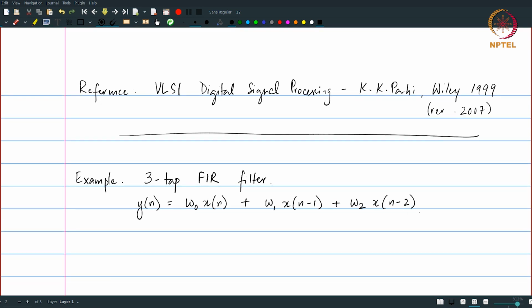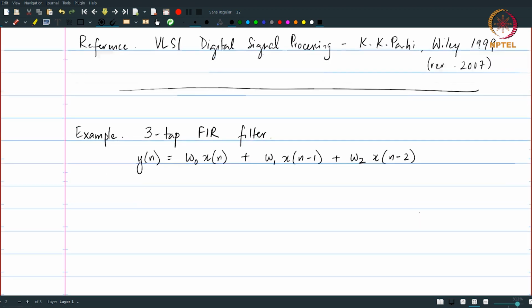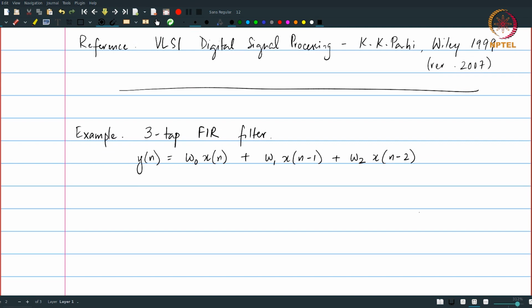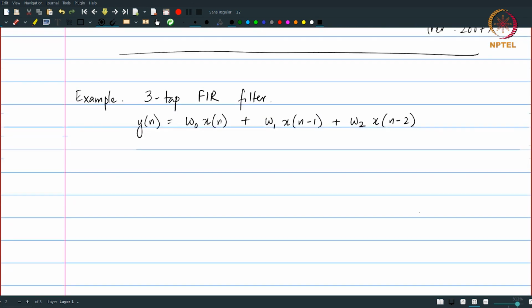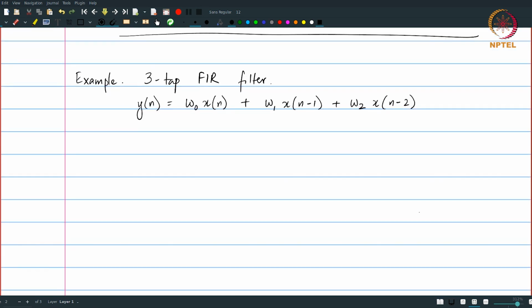Now there are a certain number of computations that need to be done in order to generate each output value of y. And what we are going to do is to try and come up with something that we will call a dependence graph for these computations.